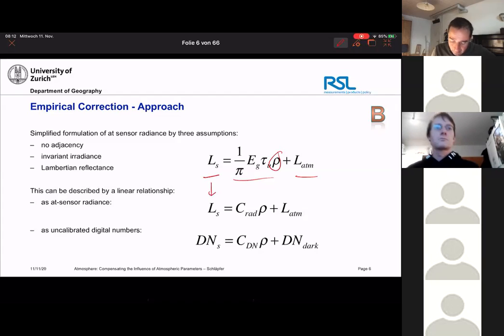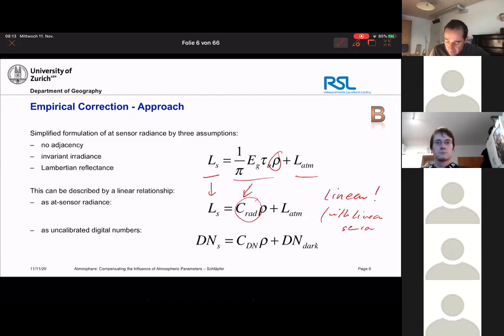I mentioned them last time, but it has a simple linear relation between the reflectance and the sensor radiance. So you can summarize all these effects by C rad as a constant times the reflectance plus an additive component. So this is linear between reflectance and the sensor radiance. It's mostly linear, as long as the sensor responds linearly to radiance, with linear sensors.